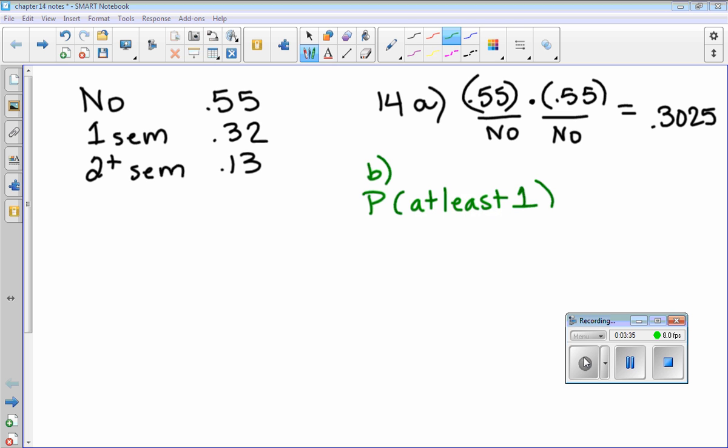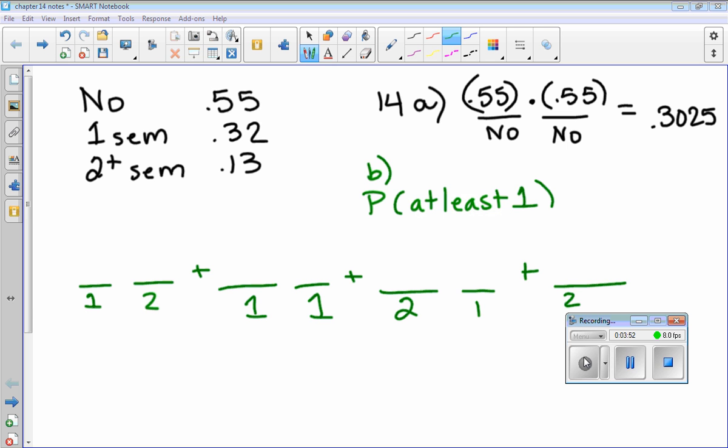We could have the first one having 1, the second one having 2 or more, or the first one having 1 and the second one having 1, or I could have the first one having 2, the second one having 1, or they could both have 2. There's all different kinds of scenarios. I think that's too confusing.